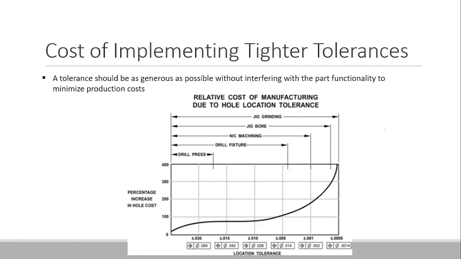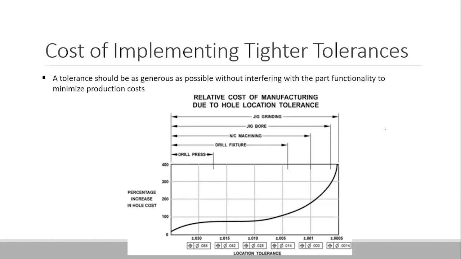So that is the last message of this lecture. Maybe in a couple of weeks you will know all the GD&T symbols and drawings, but that does not mean you have to use those symbols in any drawing that you are going to fabricate, because introducing GD&T symbols has a cost associated with it. You should introduce GD&T in a drawing only if it is needed for the functionality of the part.